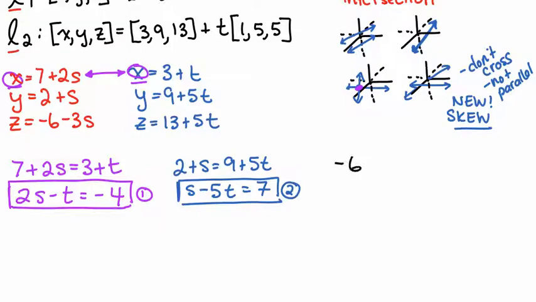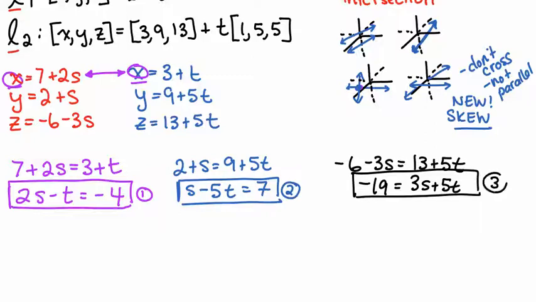And then finally I'm going to equate my z equations. So I got -6 minus 3s equals 13 plus 5t. And I'm going to put my s's on one side again. To make mine all positive, I'm going to go negative 6 minus 13 is negative 19 equals 3s plus 5t.